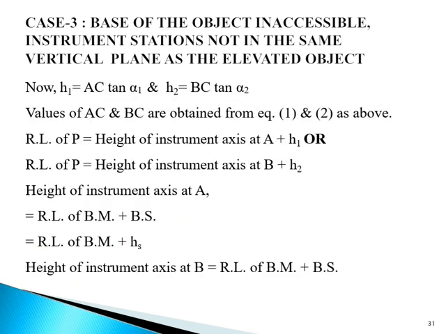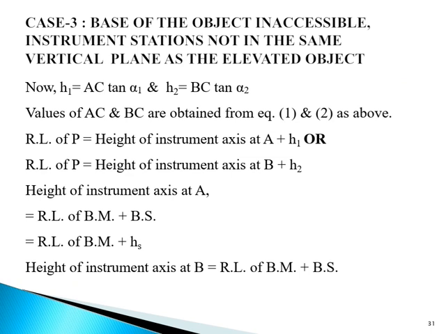Now, as we know, H1 is equal to AC tan alpha 1 and H2 is equal to BC tan alpha 2. The values of AC and BC are obtained from equations 1 and 2 above. So RL of P will be the height of instrument axis at A plus H1, or RL of P is equal to the height of instrument axis at B plus H2.